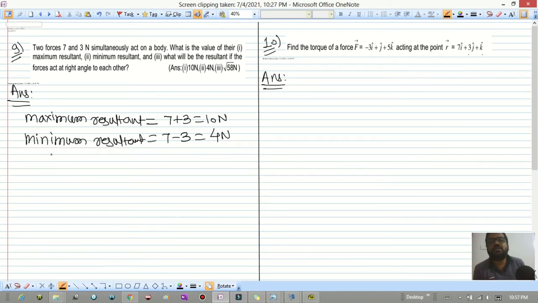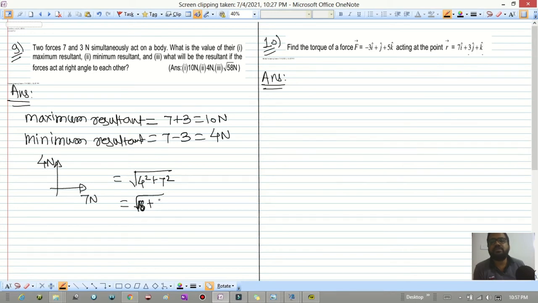And what will be the resultant if the forces act in a right angle direction? So if 7 Newton is in this direction, 3 Newton in this direction, what is the magnitude? It will be root of 4 squared plus 7 squared, which is 16 plus 49.